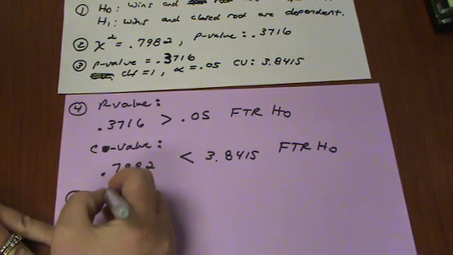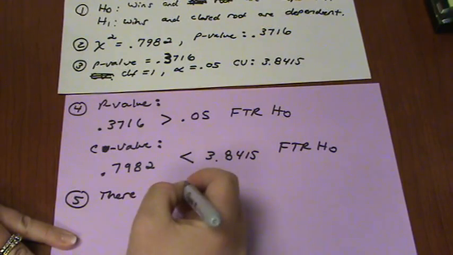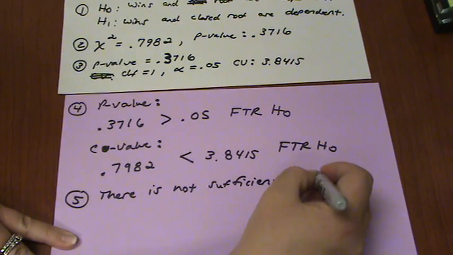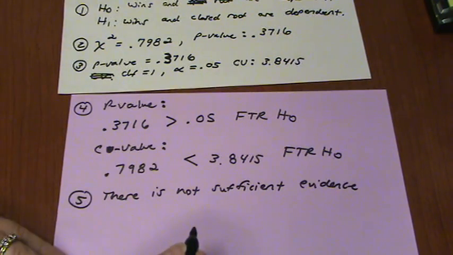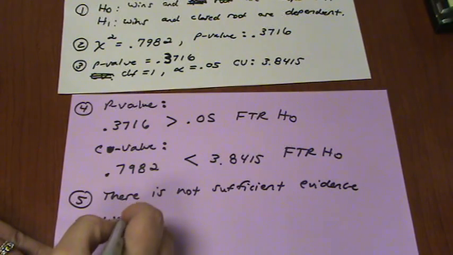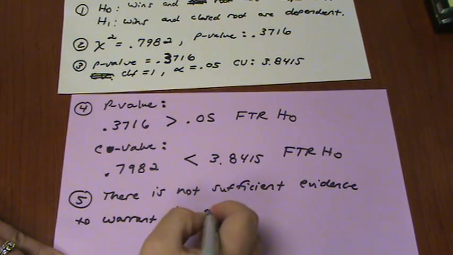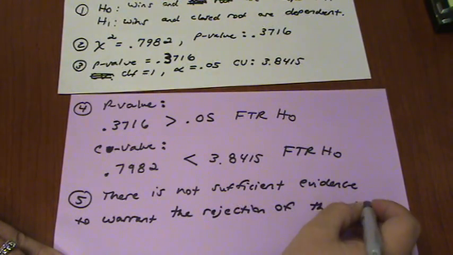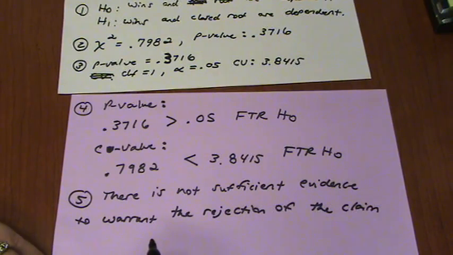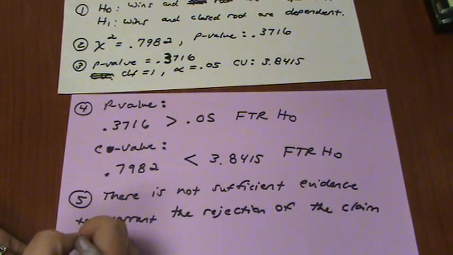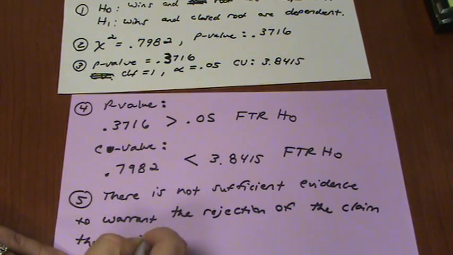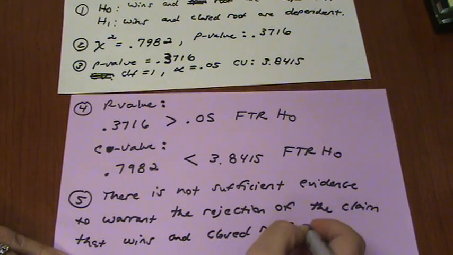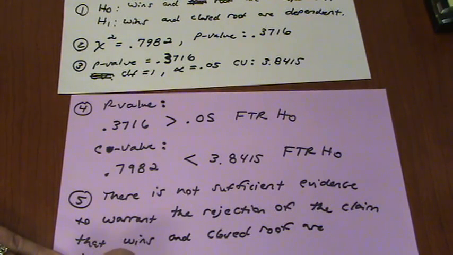So I'm going to say, because I want to use my claim, there is not sufficient evidence to warrant the rejection of the claim that winds and a closed roof are independent.